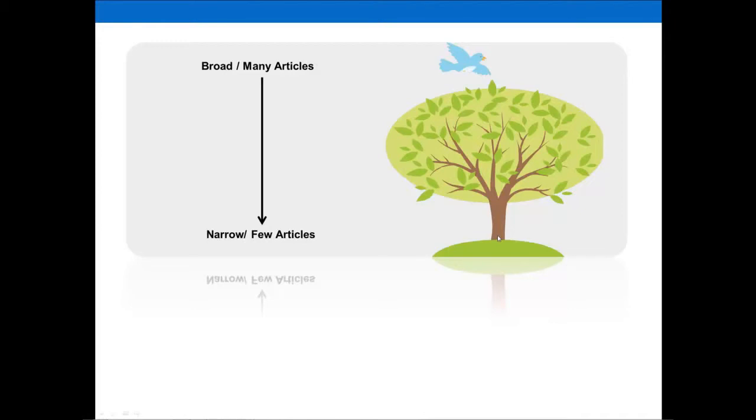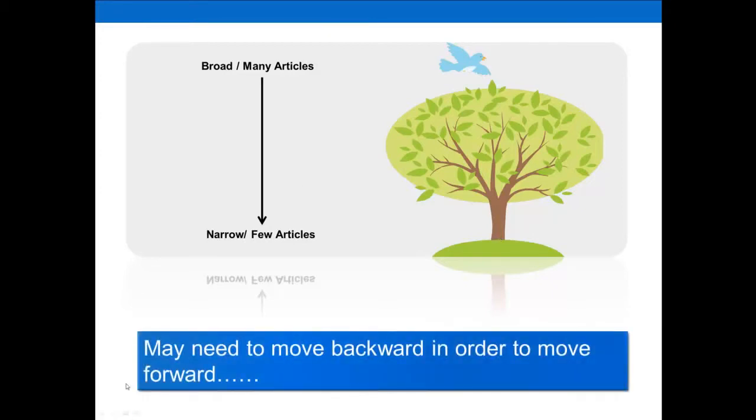And as a result, you may only end up with 3 or 4 articles, which may not be adequate either to complete an assignment or to adequately answer the question in an informed manner. So what you might need to do is back up to move forward. In other words, you may need to back up the tree just a little bit in order to broaden your search a little bit and look at more articles in order to ensure that you have every article possible to answer the question, whether that be for an assignment or in reference to patient care.